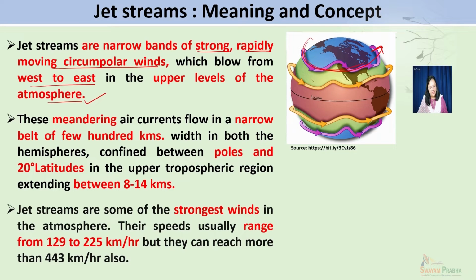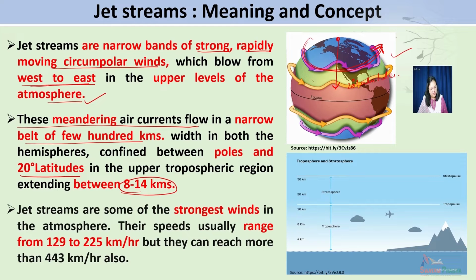So they cover the entire globe, blowing from west to east in the upper atmospheric level, and these meandering air currents flow in a narrow belt of few hundred kilometers width in both the hemispheres, confined between the poles and 20-degree latitudes in both the hemispheres. So their extension is from polar areas to maximum 20-degree latitudes in both the hemispheres, and they primarily blow in the upper tropospheric region extending between 8 to 14 kilometers above the earth.